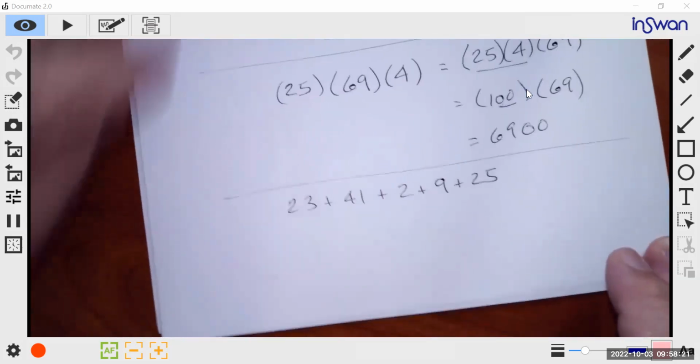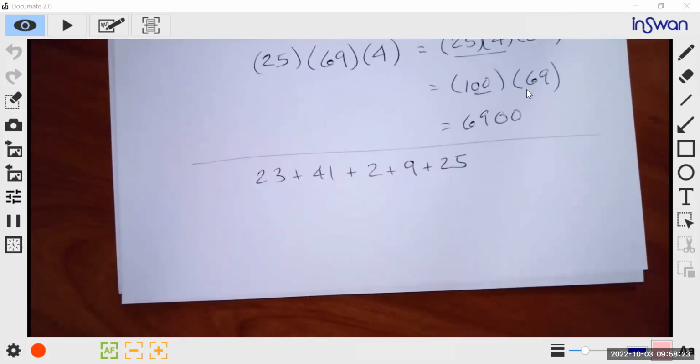Okay, so now since we talked about moving things around, how can you move these numbers around to make them easier for you?